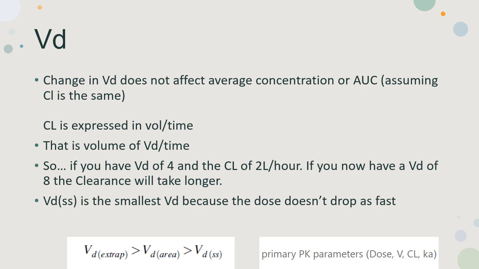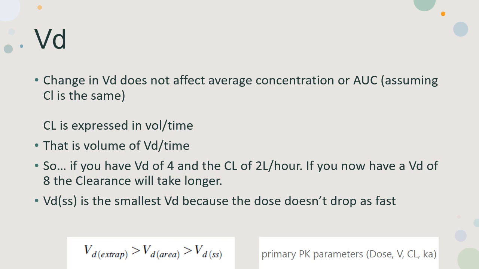What that means is if you had a volume of distribution of 4, it's going to clear 2 liters an hour, right? That does not mean it's going to clear everything in 2 hours, because as you clear 2 liters, the drug is going to spread out again, and you're going to clear another 2 liters, and it'll spread out again, sort of.